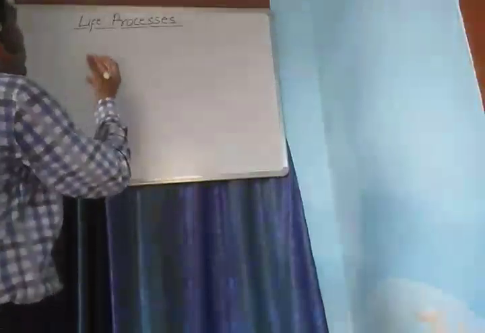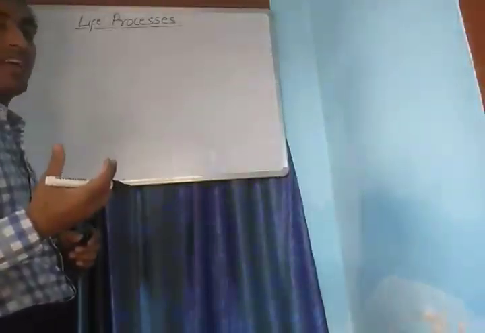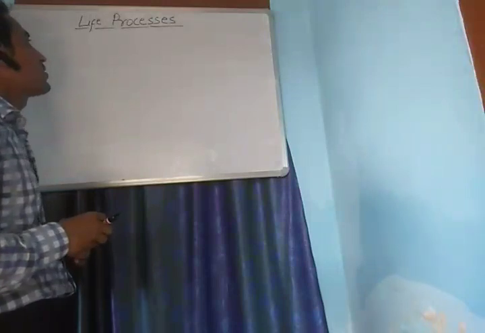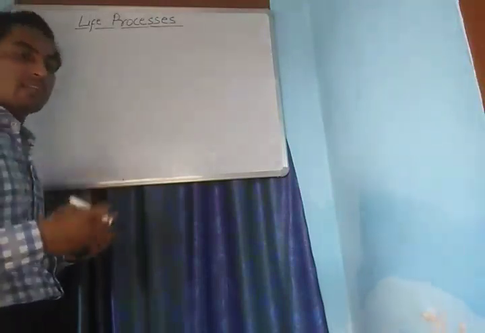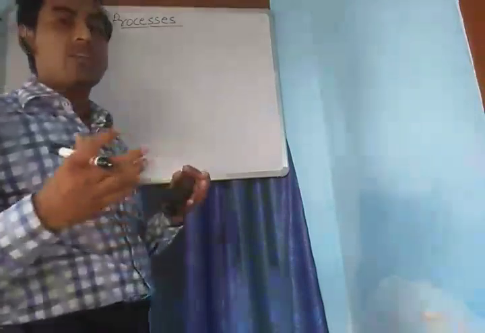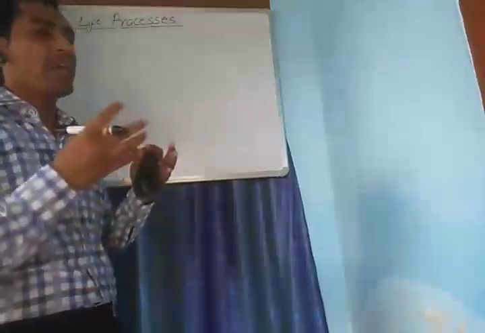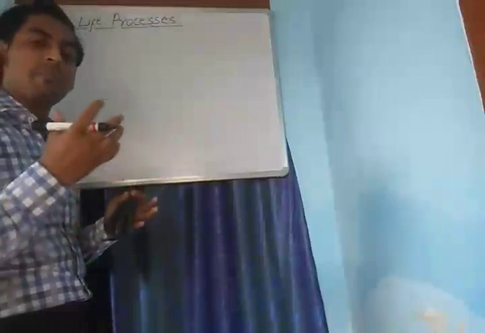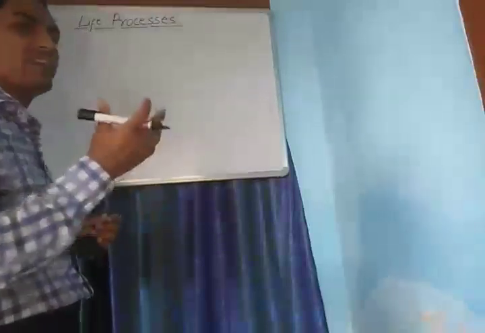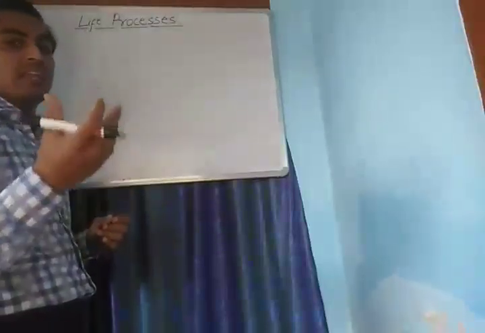There is no exact definition of life. So, there are some characteristics, because there is no actual definition of life and living beings. On the basis of these characteristics, we can define something as living and something as non-living. So, what is life?